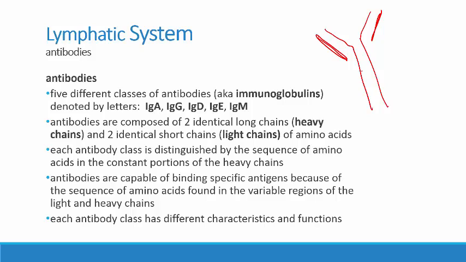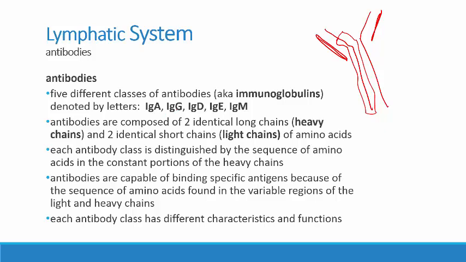They're distinguished because in the heavy chain, there are constant portions. This stretch of each heavy chain is constant, so everybody has the same sequence of amino acids in that constant portion. If it's an IgA, then it has one set of sequences.